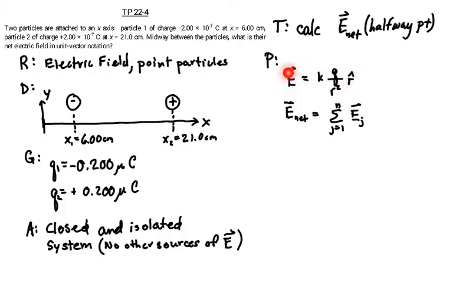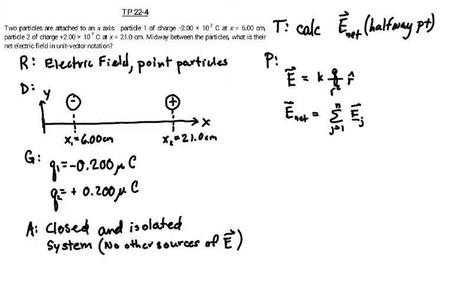And notice that it is a vector quantity, and that vector information is here in our r-hat unit vector, which is the vector pointing from a point-like particle to the position in question, i.e. at this midway point, what direction is our electric field pointing due to this particle for E sub 1 and then this particle due to E sub 2.